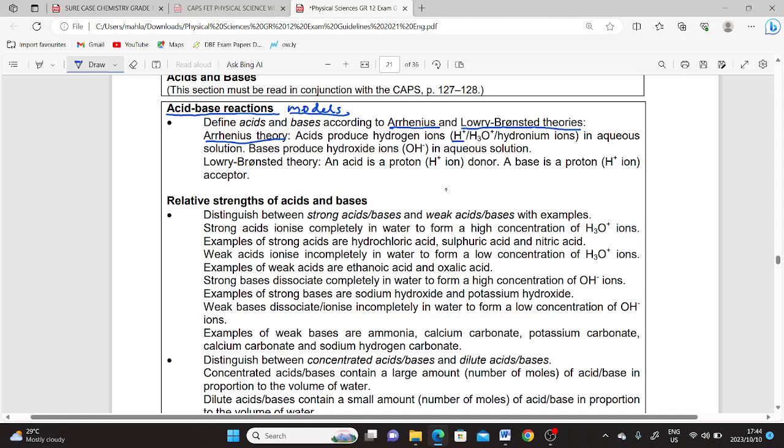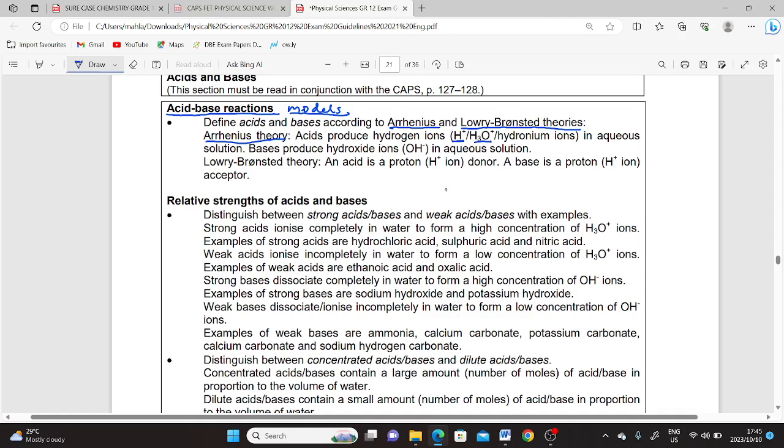H3O plus, which is called the hydronium ions in aqueous solutions. So if we can see that is an acid, we're going to have a production of H plus, which must appear in the solution.